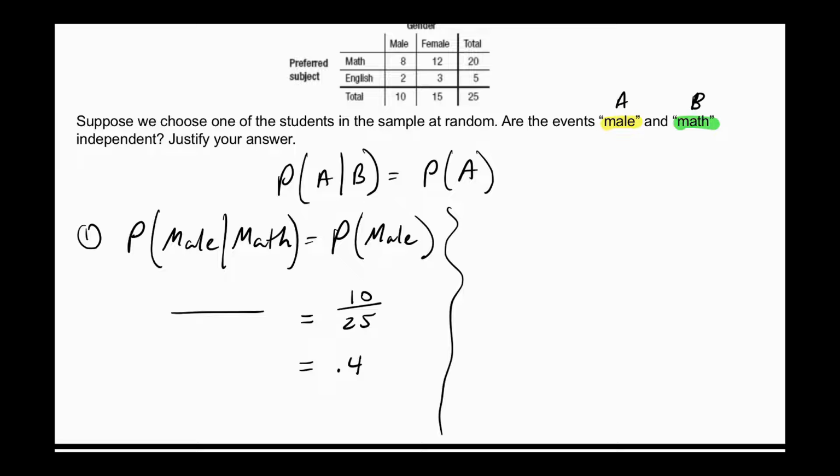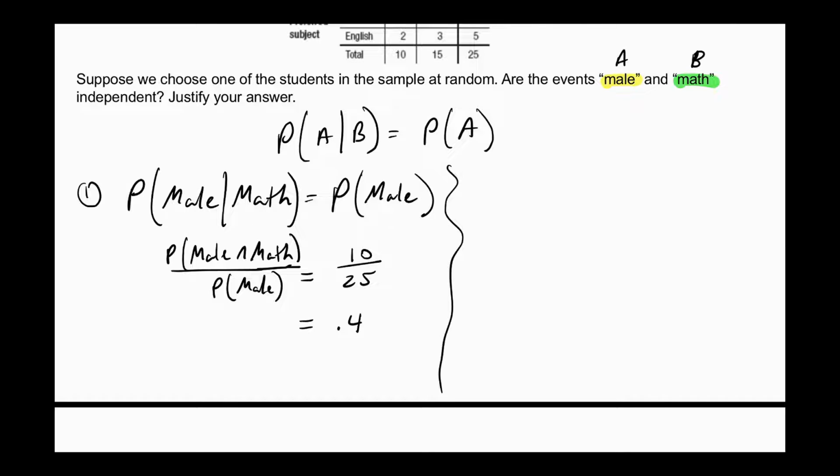So let me write this down: probability of male and math over the probability of male. So you don't multiply? No. The top is male and math.